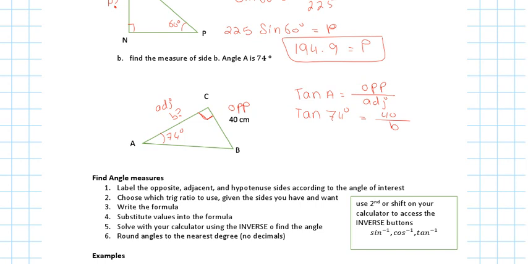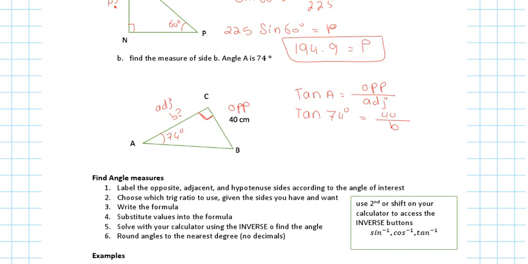Switch the places of B and tan 74. Because B is right here in the denominator, I need to bring it up to the numerator.